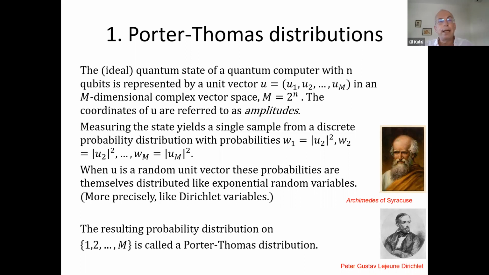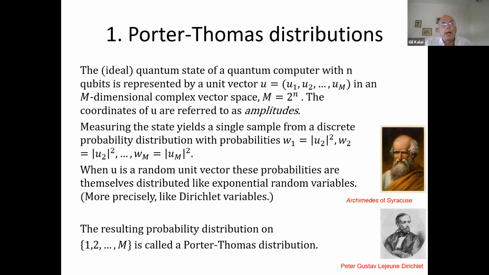Now, when you measure the state, you get a single sample from a discrete probability distribution with probabilities W1 up to Wm, where W1 is the absolute value of U1 squared. I'm sorry, there is a typo here. W2 is the absolute value of U2 squared, and so on, Wm is the absolute value of Um squared. So when you have a unit vector, you get a discrete probability distribution.